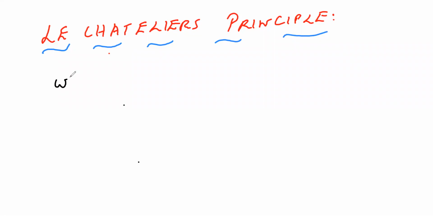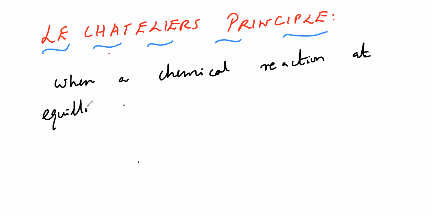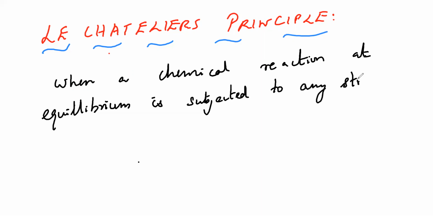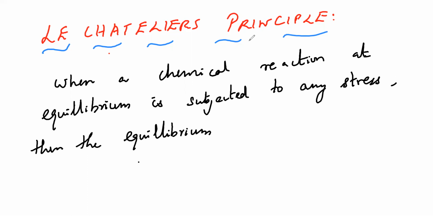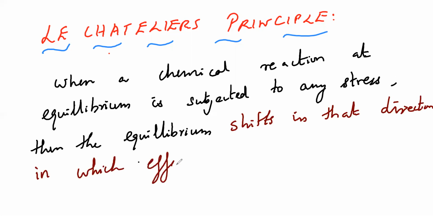When a chemical reaction at equilibrium is subjected to any stress, then the equilibrium shifts in that direction such that this stress is reduced, in which the effect of the stress is reduced.